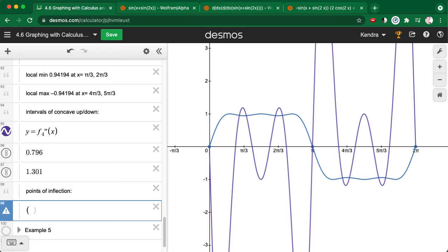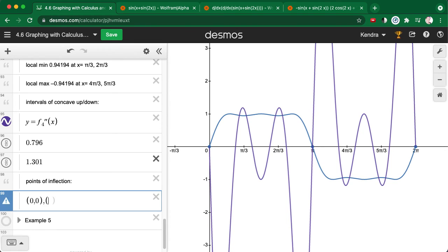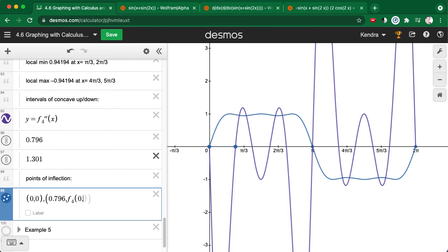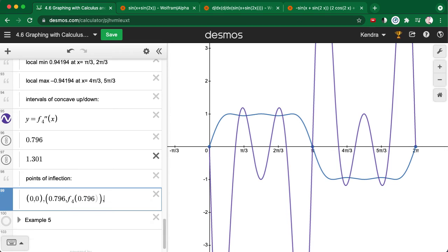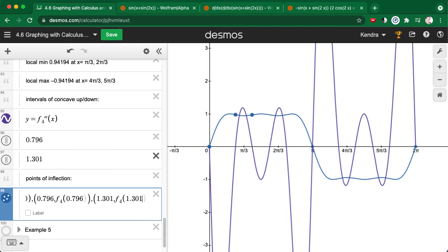So there's 0, 0, 0 is a point of inflection. And 0.796 and f of 0.796. That is a point of inflection. And 1.301 with f of 1.301. That is a point of inflection.